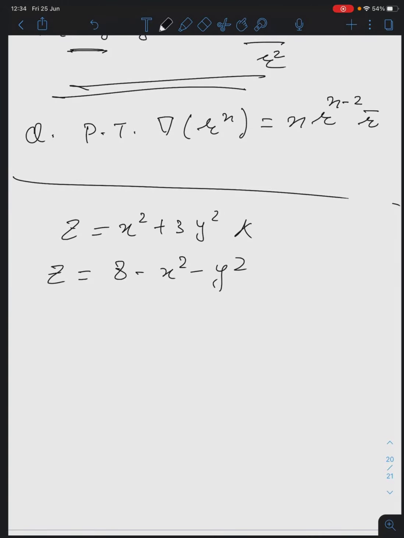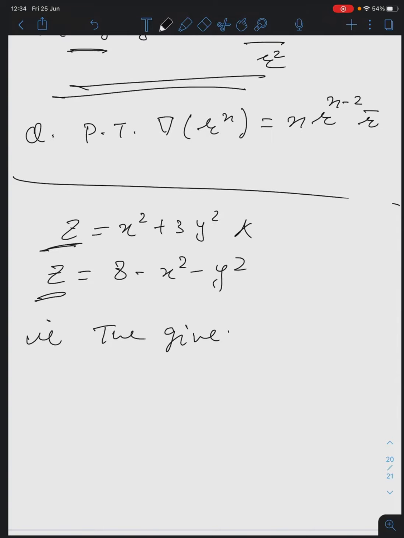Now these are the two given surfaces, which intersect on an elliptic cylinder. Both are z, so there will be some intersection of these. These two given surfaces intersect on the elliptic cylinder x square plus 3y square is equal to z, which is equal to 8 minus x square minus y square. Both are equal, so if you equate them, is it or not?